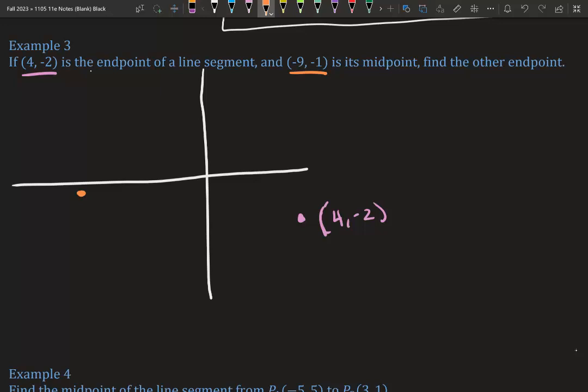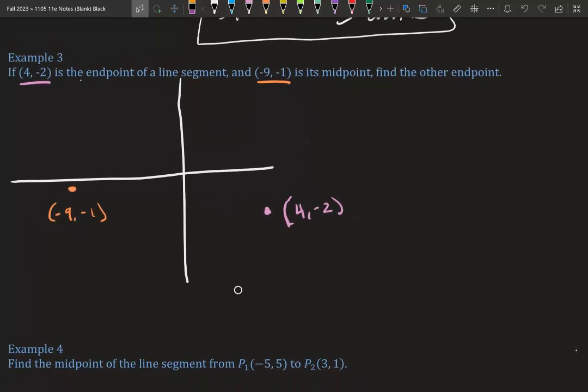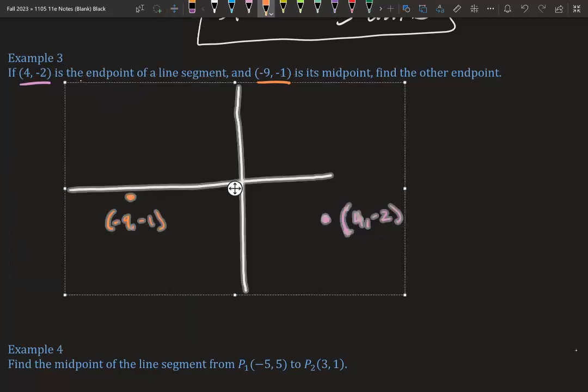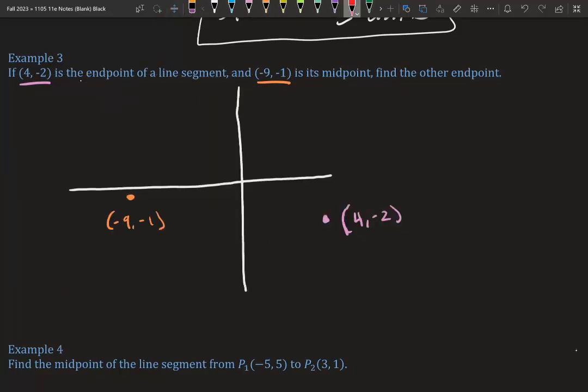It's about there. So now it's actually asking, where's the other endpoint? So it wants us to find the other endpoint. So hypothetically, the other endpoint should be somewhere right here, right? It should be somewhere in that area.